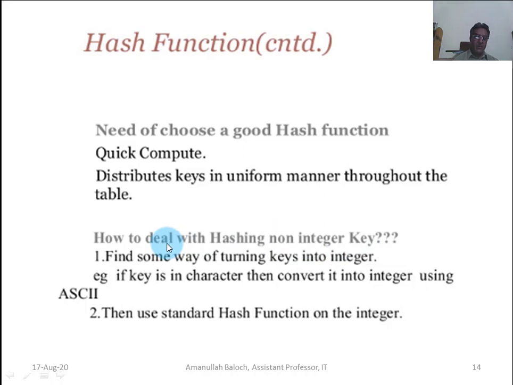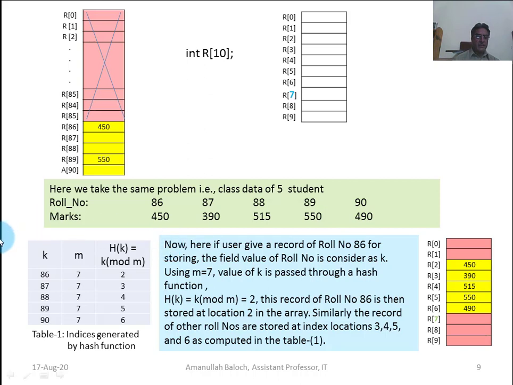This is another problem. Previously these were roll numbers, which are integers, and a hash function can be applied on an integer to construct a new hash address in the form of an index, which can be managed very easily. But if the keys are not integers, say the key of a record is the student name or the student address, then what will happen?